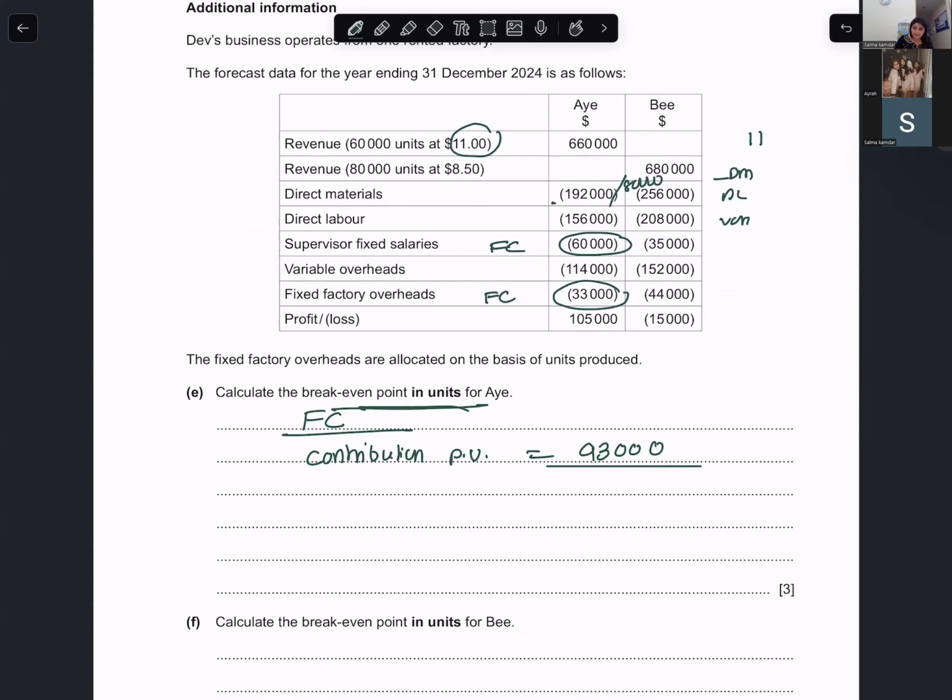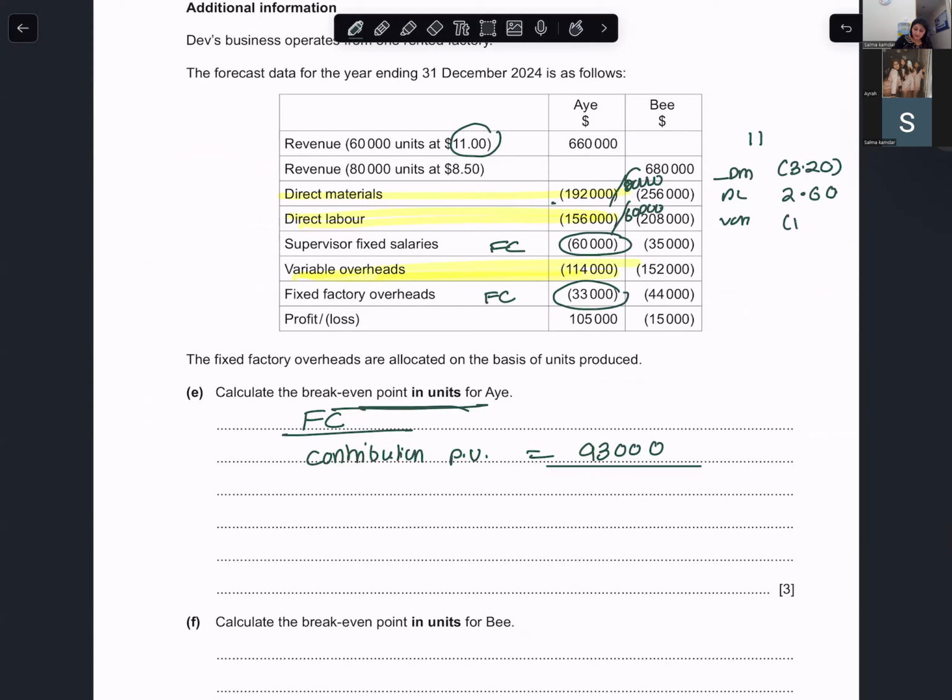You have to divide it by 60,000, not by 80,000. So direct material is 3.2. Direct labor is 156,000 divided by 60,000, so 2.6. And variable overheads? 114,000 divided by 60,000, so it's 1.9.